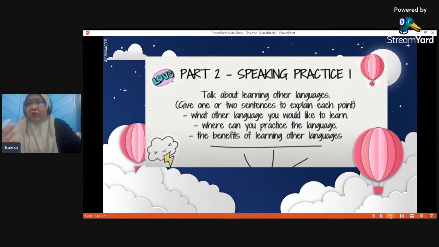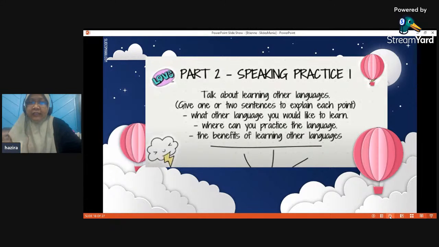And the benefits of learning other languages. So when you read the question, when it comes to the benefits, it is not only one. It requires you to give more than one benefit. All right. This one is an example. Okay, ini contoh. Kalau booklet ni soalan ni untuk student A. Then later, after student A finishes explaining, the teacher will ask a related question to student B.